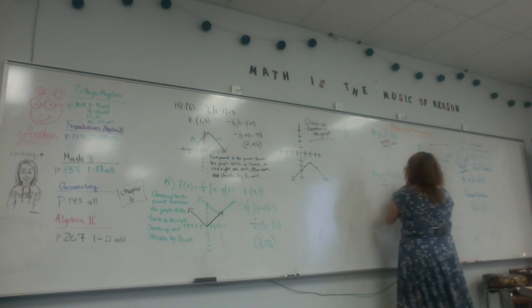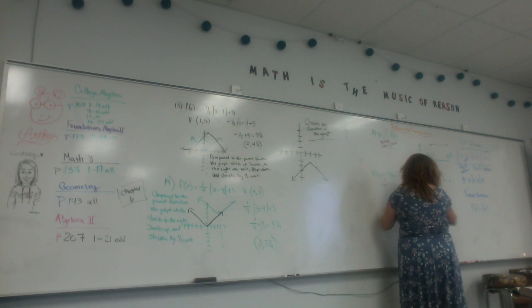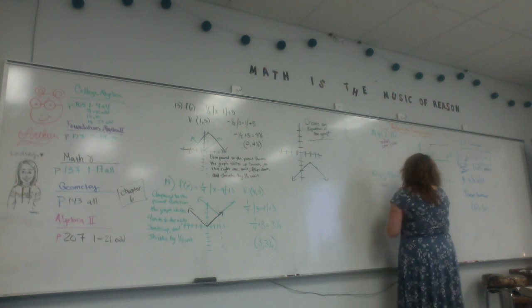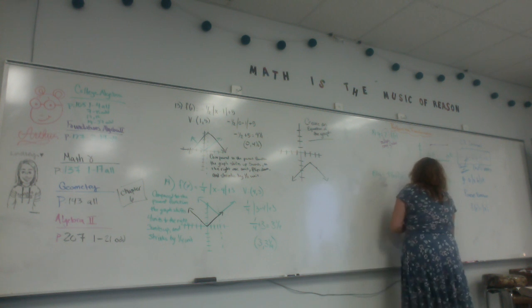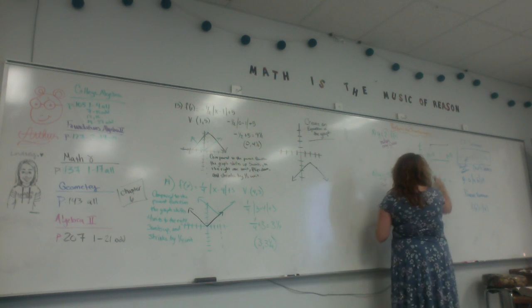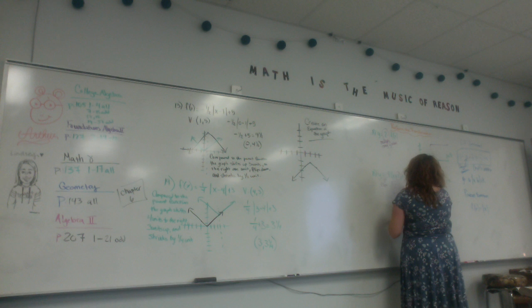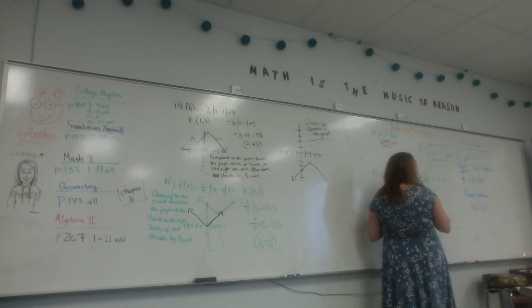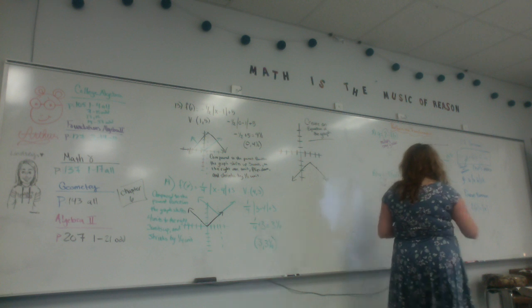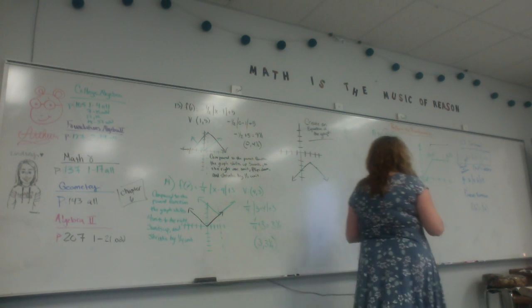So if I take negative 2, 1 and add it to 0, 0, what becomes my new vertex? Negative 2, 1. Wait, you said if you add. Yes, because I'm going to have to change everything by adding these points to the other points. So I get negative 2, 1. Okay, that's my new vertex. Does that make sense right there? Okay. Take 0, 0, I add negative 2, 1 to it.